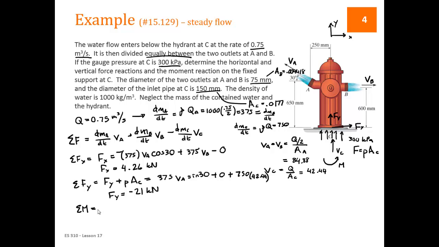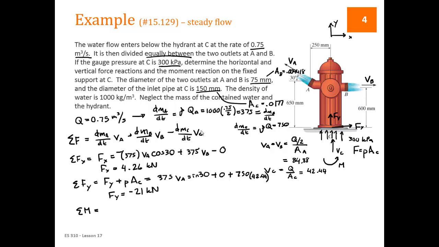So our rotational one, we have negative dma dt times VA. So now, let's take a look at our moment equation. So the sum of the moments is going to equal the rotational momentum of each of these flows.